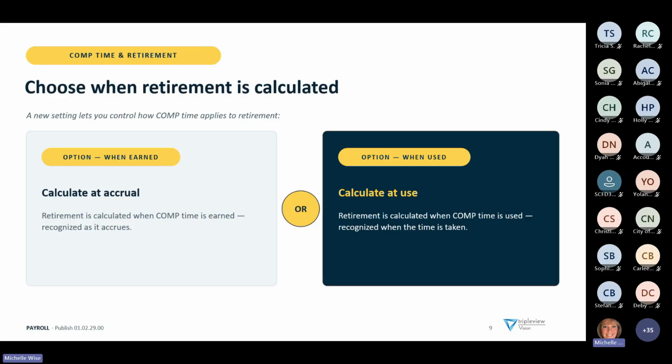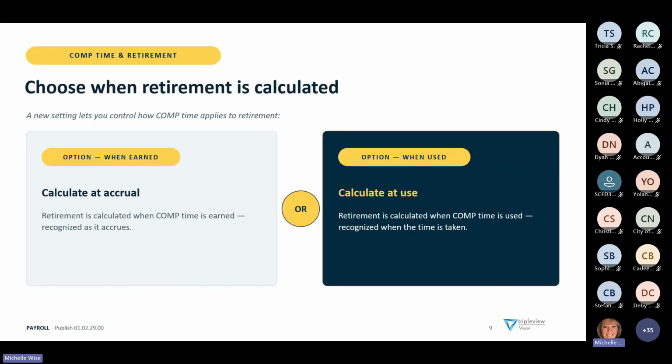So if you do have some kind of situation where you need it calculated when time is earned versus time accrual, or maybe both, because we had a scenario where someone needed both, this can be done by the Vision team.